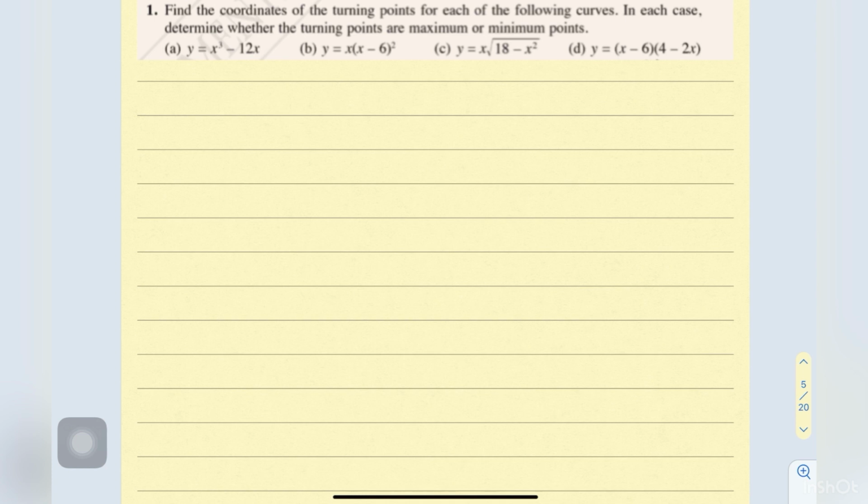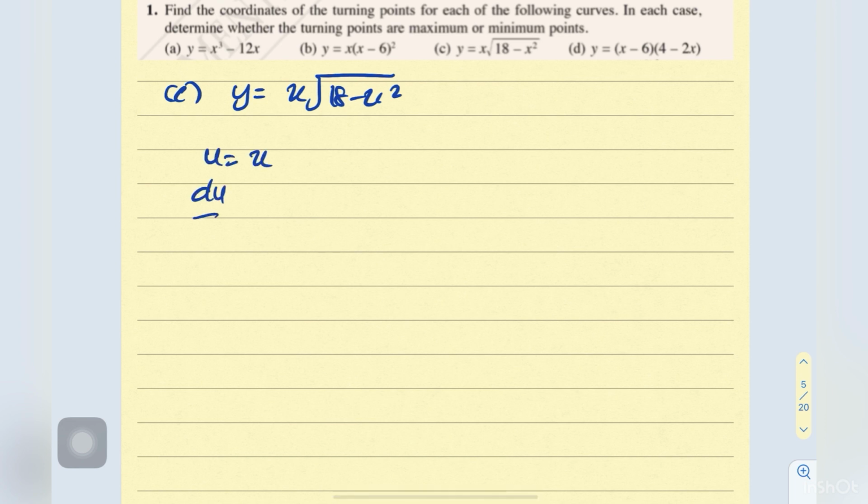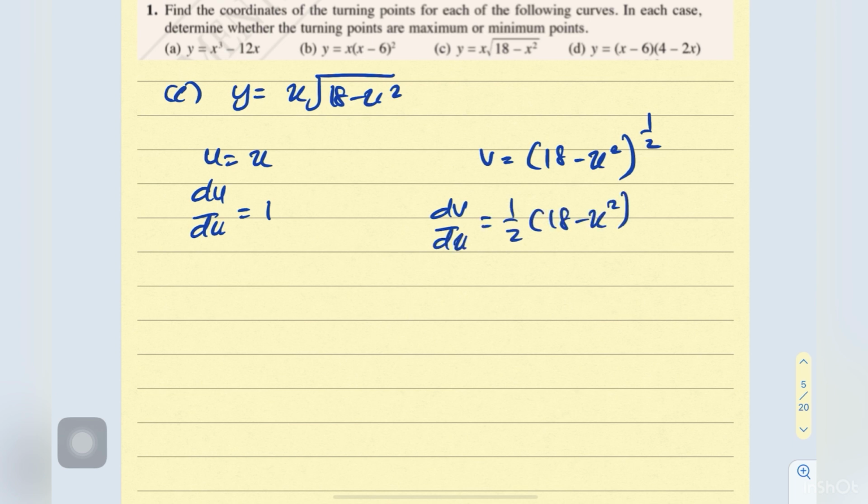Let's do the next question, c. Find the turning point, so dy/dx equals 0. Here we have y equals x times the square root of 18 minus x squared. You have to use the product rule. u is x, du/dx is 1, v is (18 minus x squared) to the power of 1/2. So dv/dx is 1/2 times (18 minus x squared) to the power of negative 1/2 times negative 2x.